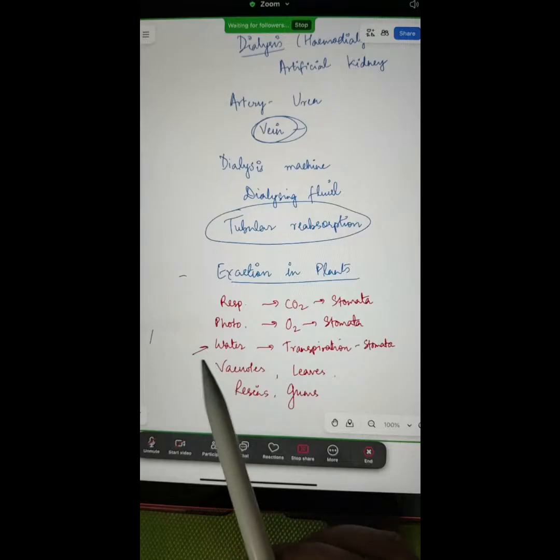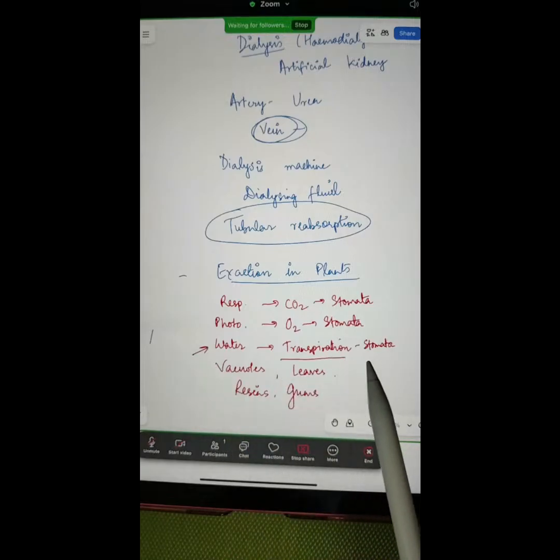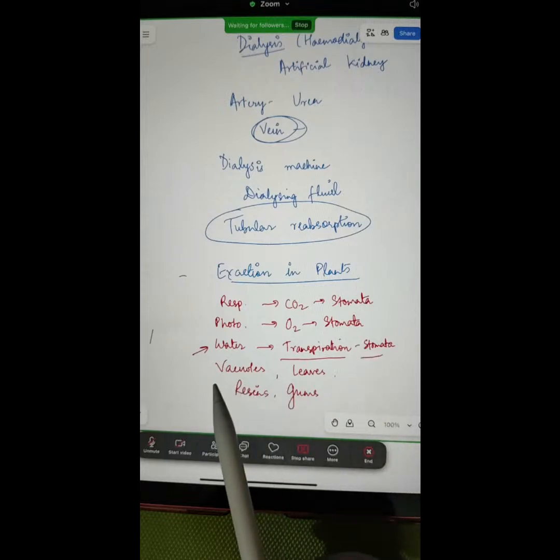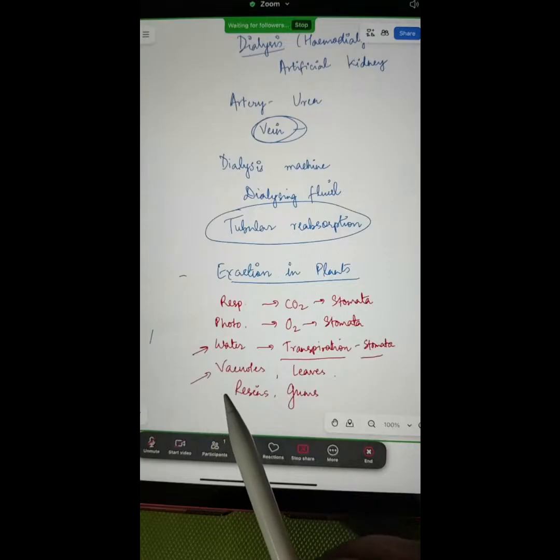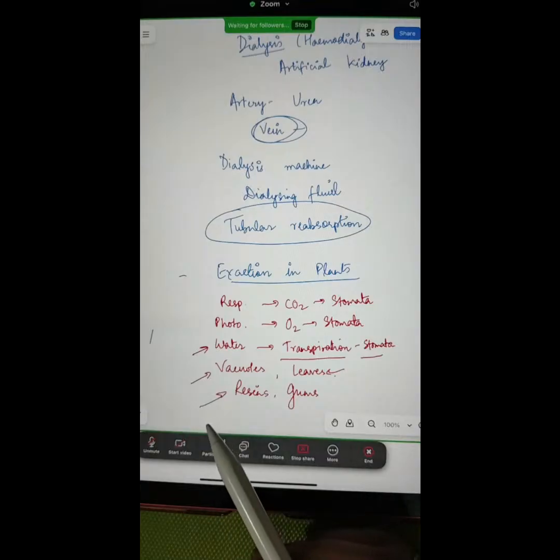Excess water in a plant can also be an excretory product, and it will move out with the help of transpiration, and transpiration is done by stomata. Vacuoles may store the waste products. Leaves may also store the waste products. If the amount of waste product in the leaves of a plant increases, then leaves may fall. Also, the excretory products could be resins and gums.